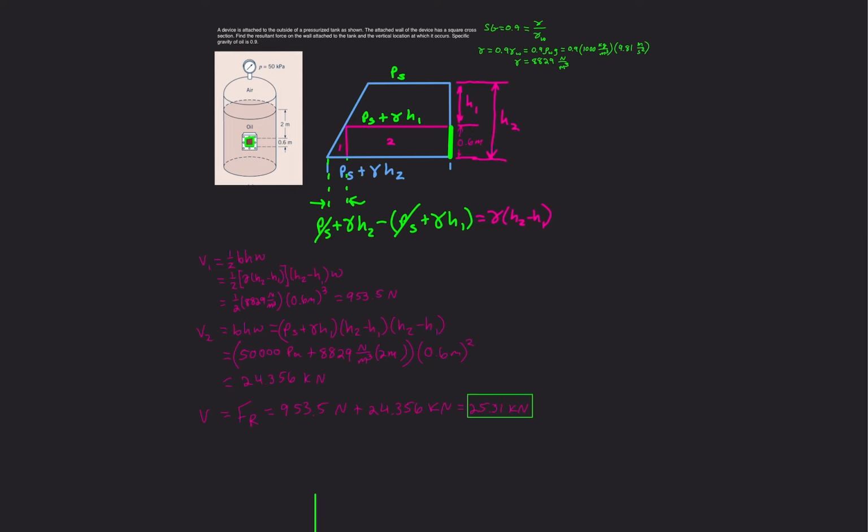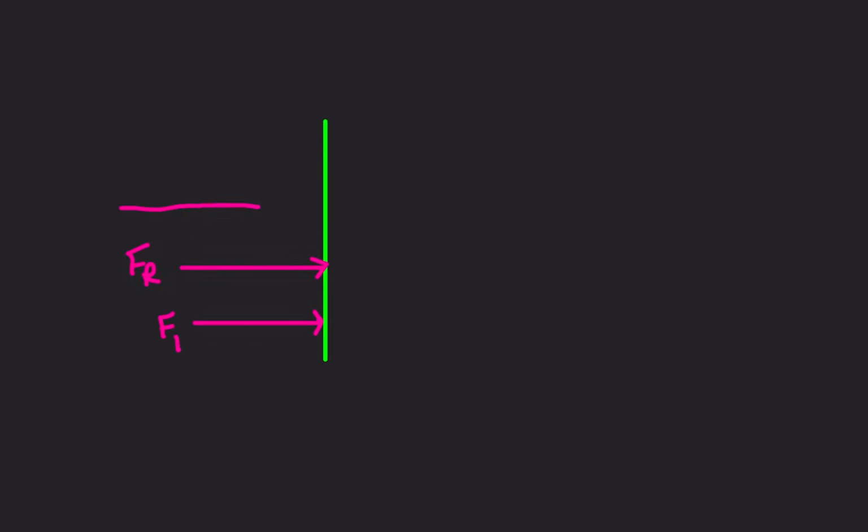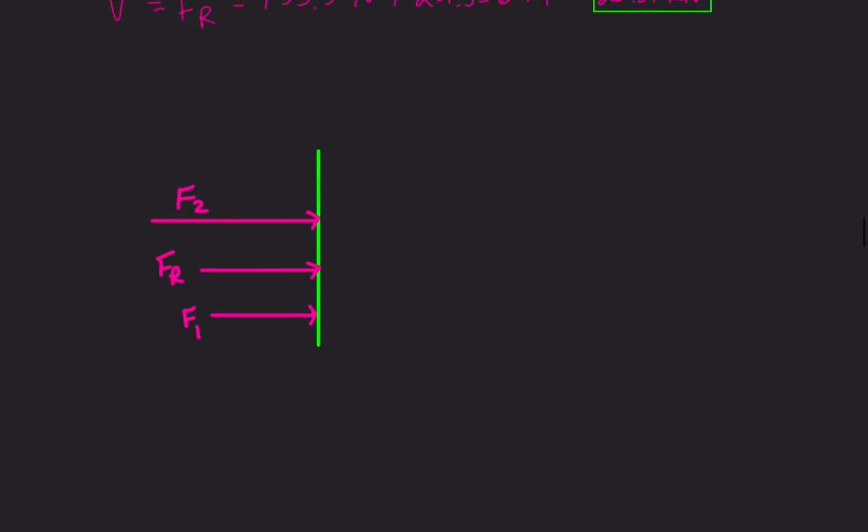So we can include those. So F1 is the triangular one. Go ahead and label this FR. And we've got something here, F1, and one here, F2. Okay, these magnitudes are not drawn to scale. FR would be the largest.